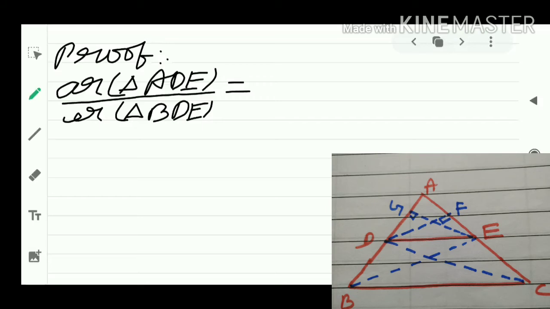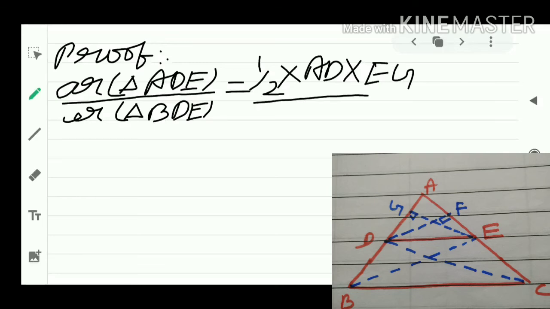So we apply the formula here. 1 by 2 base is AD into height is EG, by 1 by 2 base is DB and height is also EG.